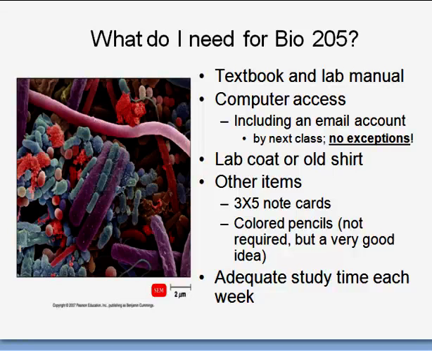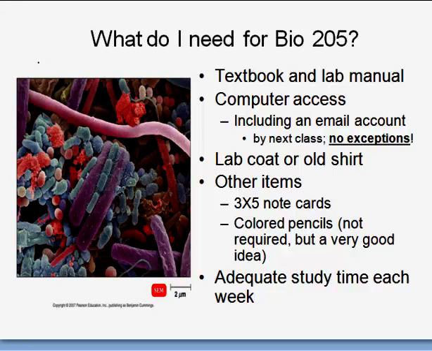All of you in both my classes would be required to have computer access, so you can check on weekly modules and assignments that we will be referring to, and more of this will be given to you in class during the syllabus. I would like to have all students use an email account by next class, no exceptions. Make sure you log into WebStudy, and you all have an email account that I will be asking you about more in class.